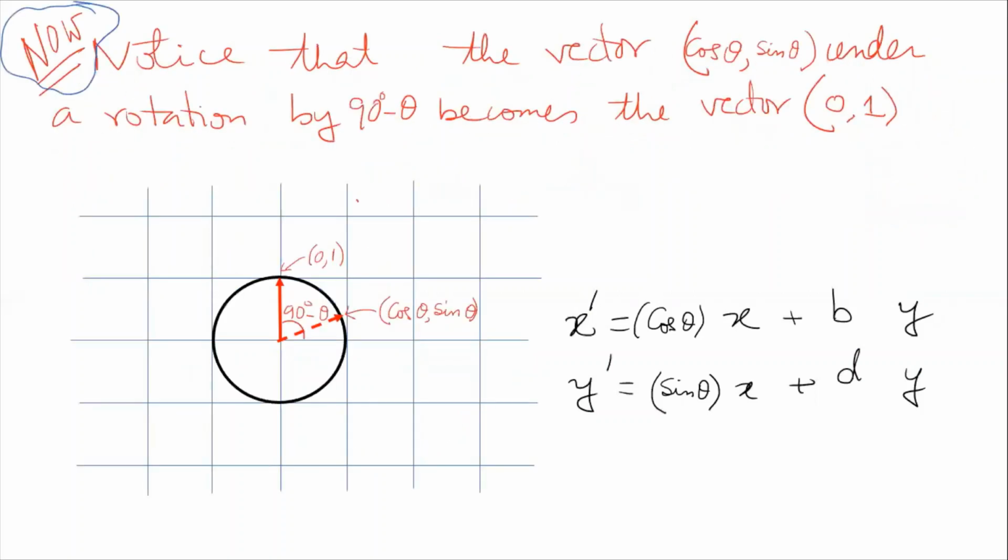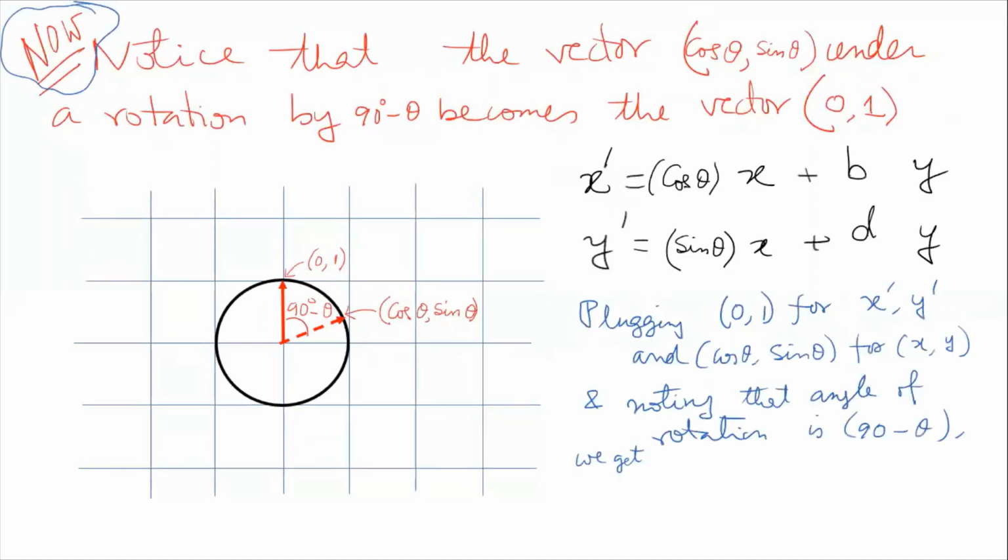Now, notice that the vector cos theta, sin theta is the vector you got by rotating 1, 0 by angle theta. If you rotate it by 90 degrees minus theta, you will get the vector 0, 1. So in these equations, we'll now plug in 0, 1 for x prime and y prime, that is x prime equal to 0 and y prime equal to 1, and cos theta, sin theta for x and y.